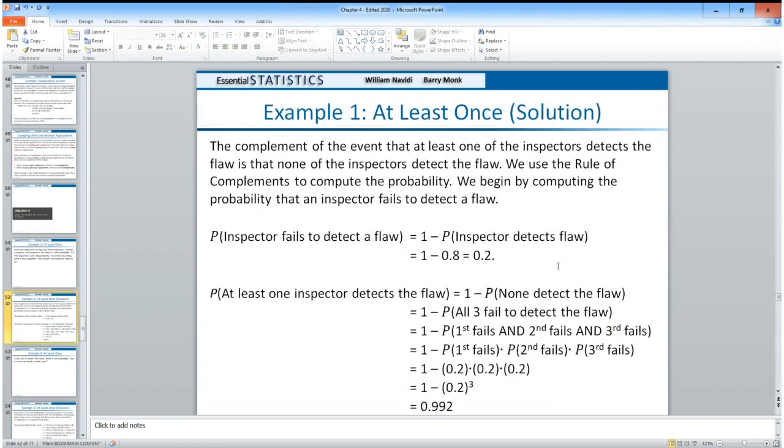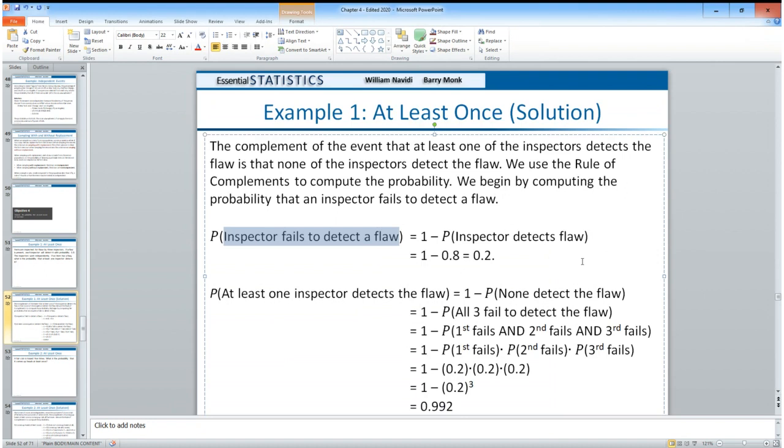The probability that the inspector fails to detect the flaw is 0.2, because 1 minus 0.8 means there's a 20% chance that he won't catch it, each one individually. Now, here's the way that we can handle this. We're going to use this 0.2, and because they're independent, we multiply the 0.2 three times.